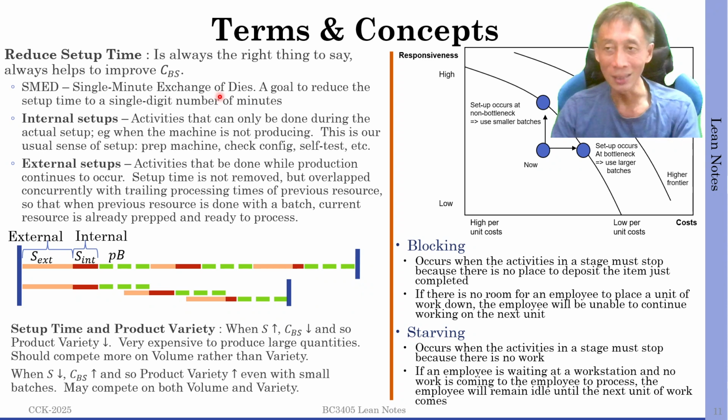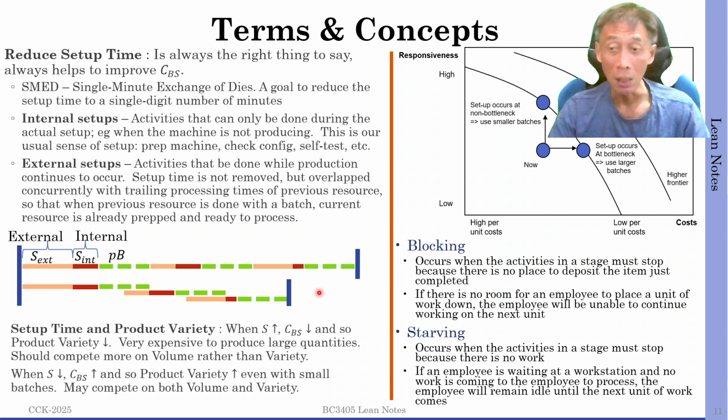And in those days, Shingo Sensei says, well, let's overlap the external setups. Because remember, to reduce the hardcore setup, which in our term is the internal setups, is not possible. So the idea is then to engineer the process design, look at the external setups, overlap them as much as possible, and then you end up with a reduction in overall production time.